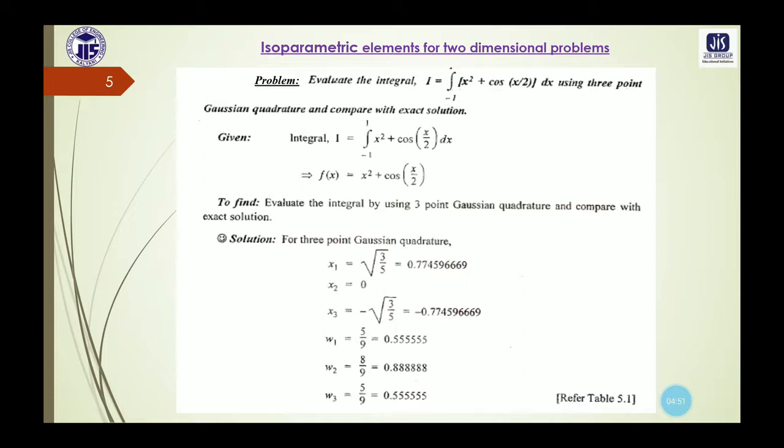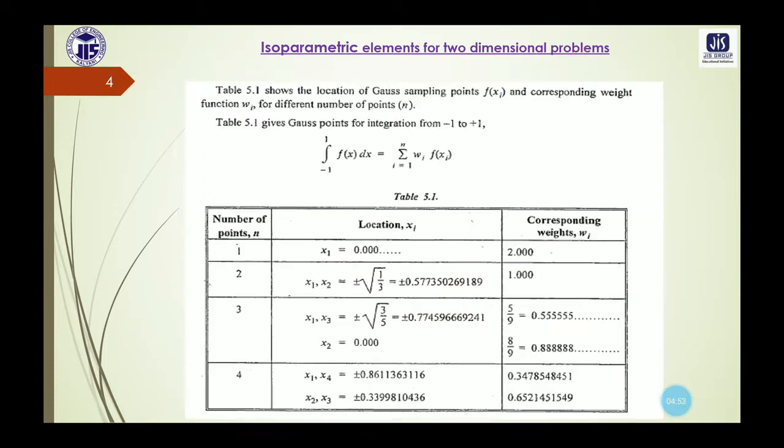Now we need to refer to the table. Here the number of points is 3, and corresponding to this, in the location column, the values of x1 and x3 are plus minus root under 3 by 5, that is plus minus 0.7745.